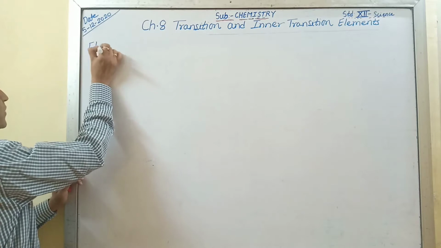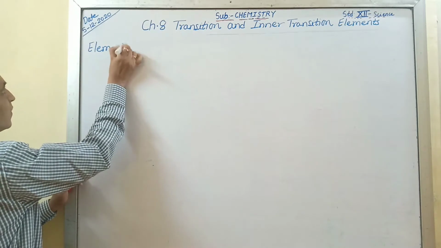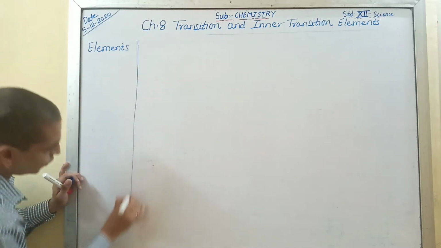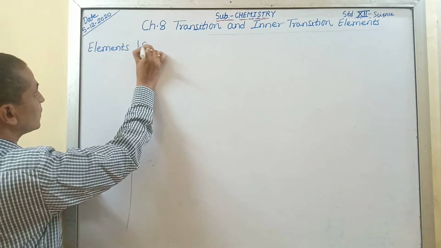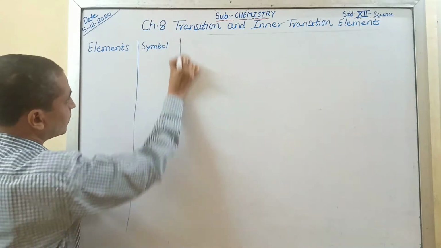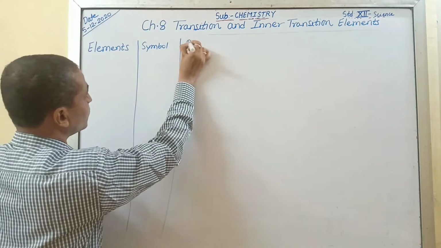First, put the elements. In the second column, you must write down the symbol, then the atomic number.